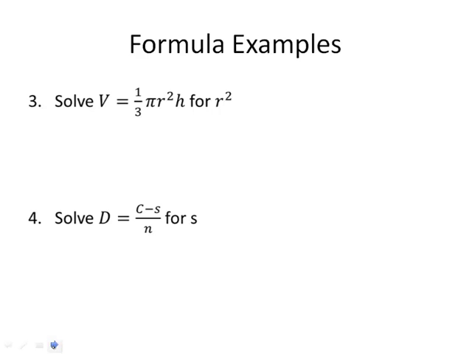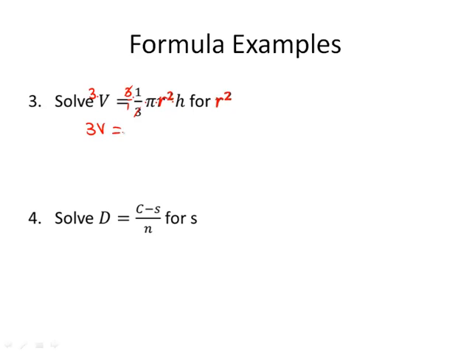Let's check out this volume formula. We want r squared to be all on its own. There's a few things bothering it. There's a 1/3 times pi times the r squared times the h. Let's first get rid of the fraction. To oppose multiplying by a third, you can multiply by 3, or 3/1, the reciprocal. 3/3 is actually just 1, but we did that to this side, so we have to do that to the other.